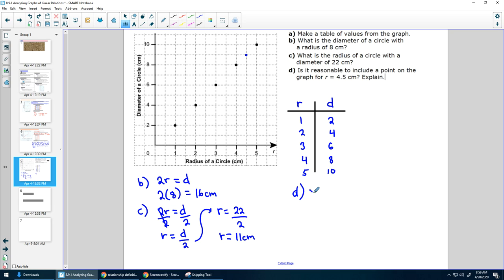Yes. In short, yes. Why? Because you can have a radius that doesn't have to be a whole number, and we can show that our diameter is still part of our linear relation. So yes, it is reasonable to have points between our given points.